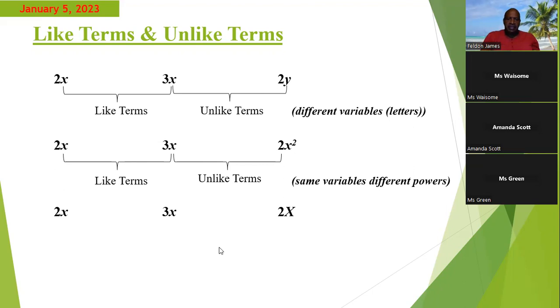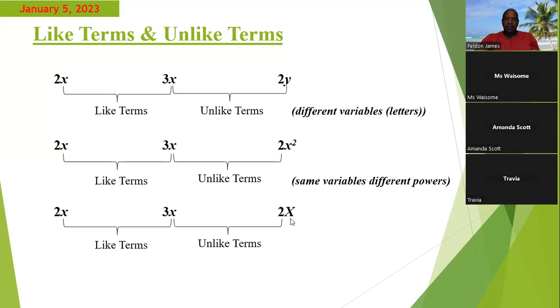Now look at these terms. What do we notice here? Any like terms? Yes, sir. Okay, so we notice that this is still a like term because they have the same variable x. But this one would be an unlike term.